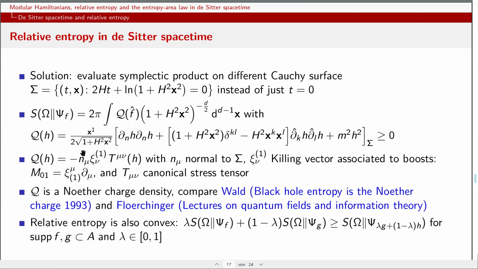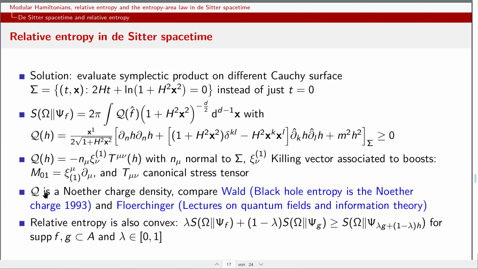Moreover, this q of h is nothing else but the density of the Noether charge for the boosts. One can check that one takes the canonical stress tensor for a free scalar field, multiplies with the Killing vector of the boosts and the normal vector of the Cauchy surface, and there's a minus sign because of time orientation, and then one gets exactly this q.